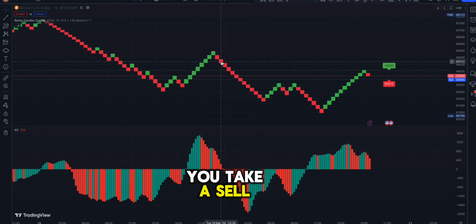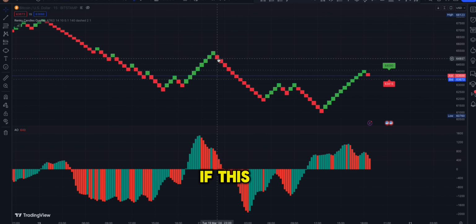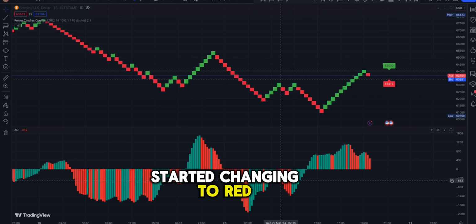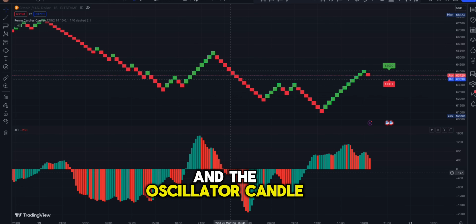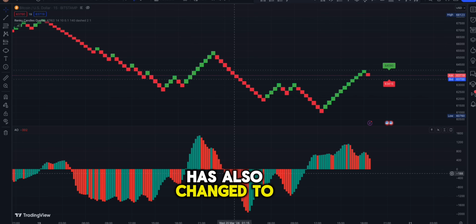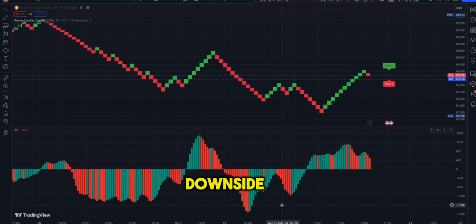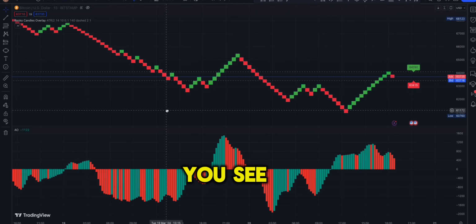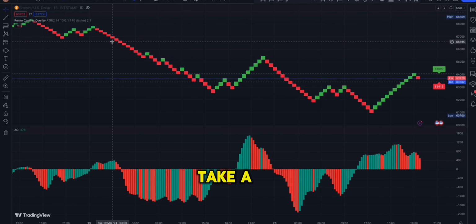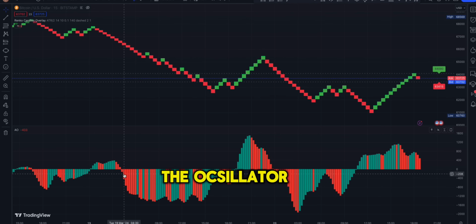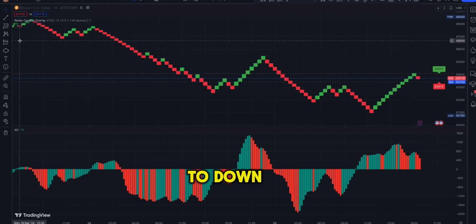You take a sell position if this candle has started changing to red and the oscillator candle has also changed to down side. You see, you only take a sell once the oscillator candle has also changed to down side.